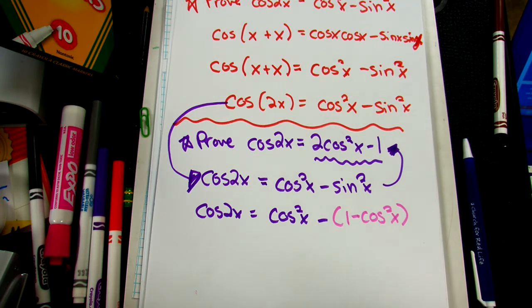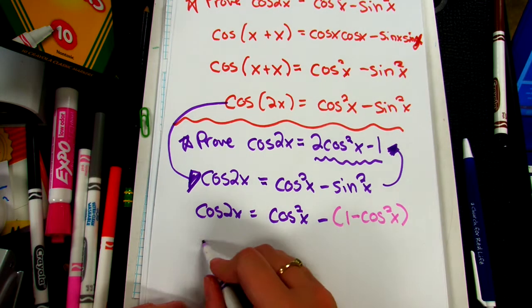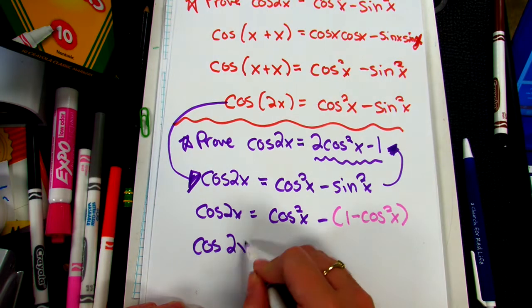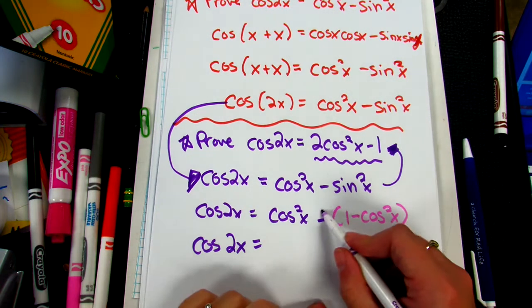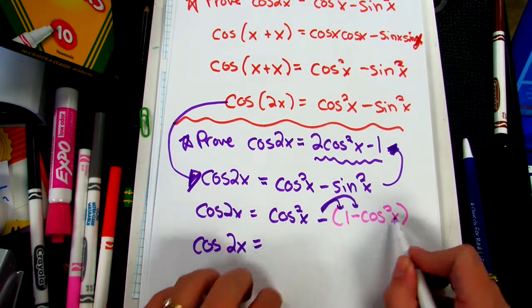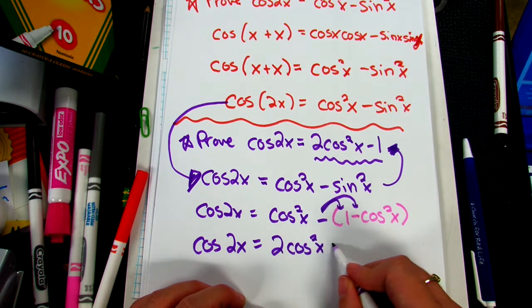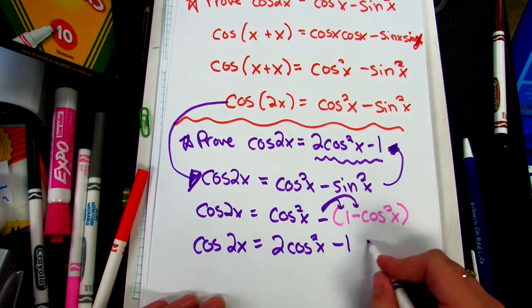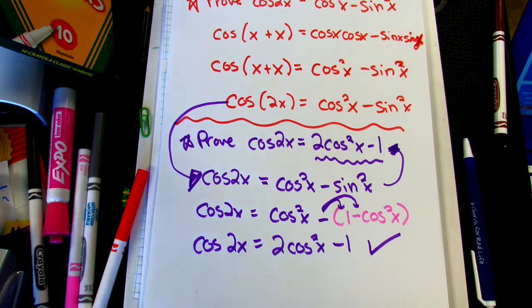Now if I distribute this negative, I get cosine squared x plus cosine squared x, so I get 2 cosine squared x, and then minus 1, which is what we were trying to prove. Awesome. Let's prove the next one.